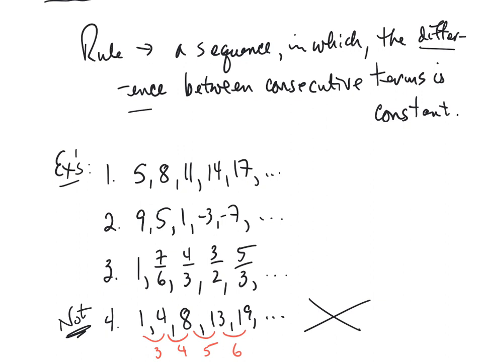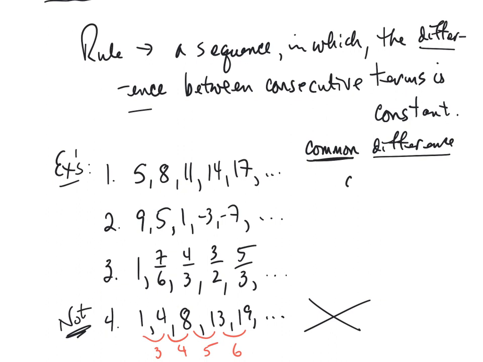Now for any sequences that are arithmetic, we are always going to be looking for that common difference between the terms. Common means stays the same, difference means we were subtracting.